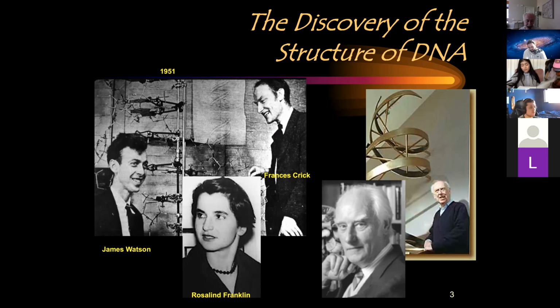So going back, 1951, James Watson, Francis Crick, and Rosalind Franklin were involved in the discovery of the structure of DNA. And here is Crick in later life and Watson. Crick is now dead, Watson still alive. Rosalind Franklin died very shortly after the discovery of the structure of DNA.